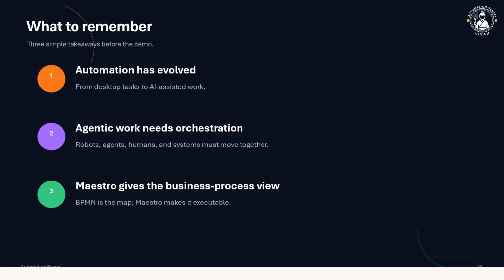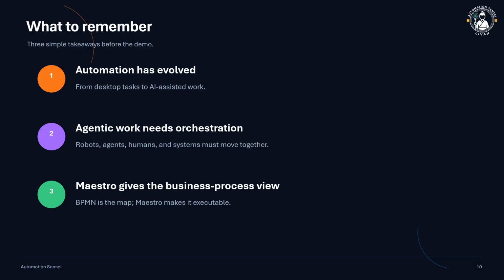So let's quickly recap. UiPath started with desktop automation, then evolved into different capabilities, and right now it is a complete agentic platform where you can build an AI agent and put everything together into one platform, and orchestrate the different components together. A business process is not just one task; it involves multiple steps and a group of people making decisions, and at the end the goal is to achieve a greater outcome together.